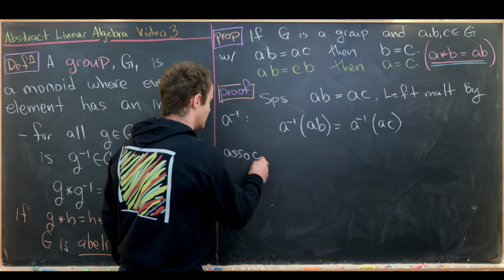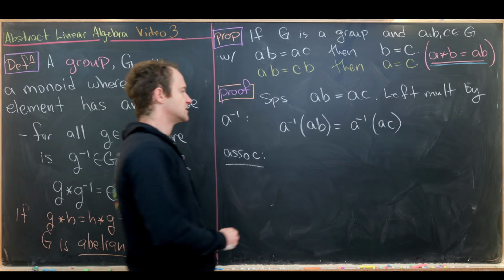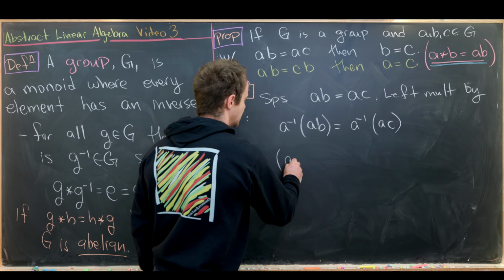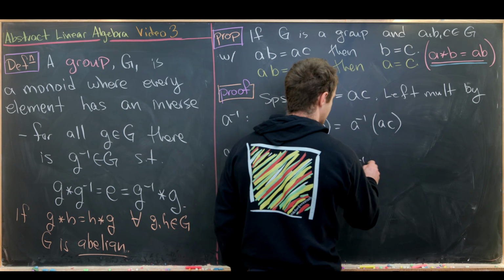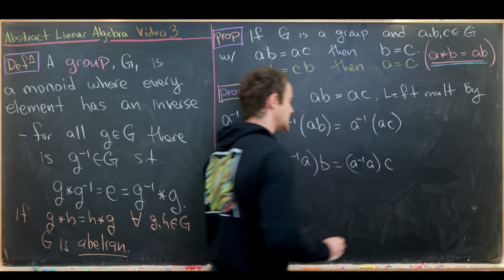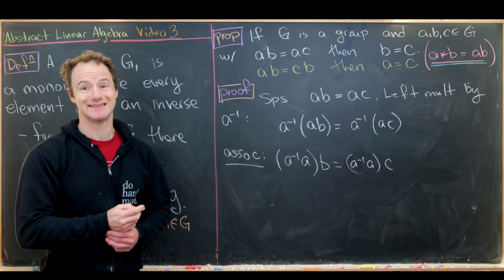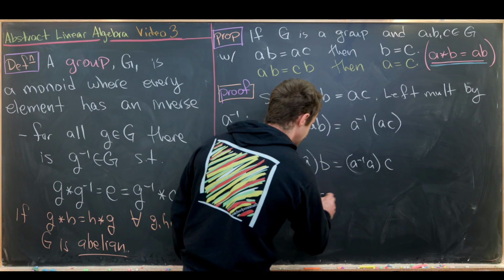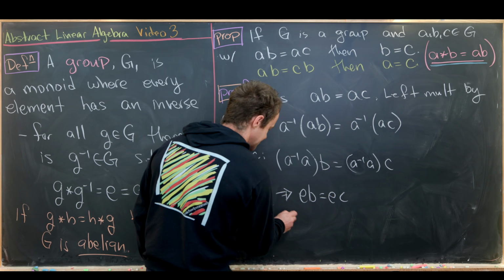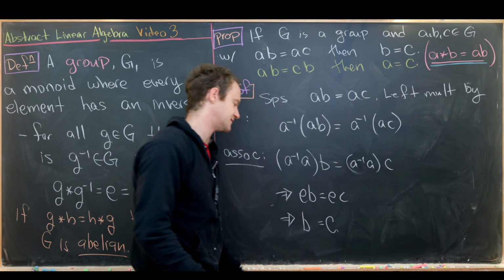And we're within a group, and so we know the operation is associative. So let's use associativity to rewrite this as A inverse A times B equals A inverse A times C. Then finally, A inverse times A is the identity. So that tells us that the identity times B is the same thing as the identity times C, but the identity times B is B, the identity times C is C.